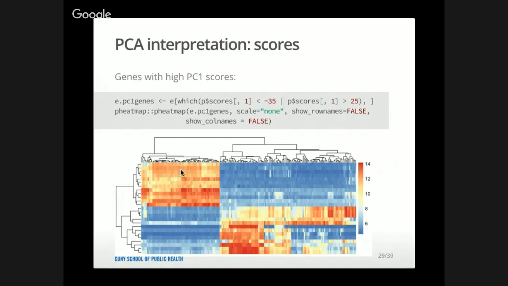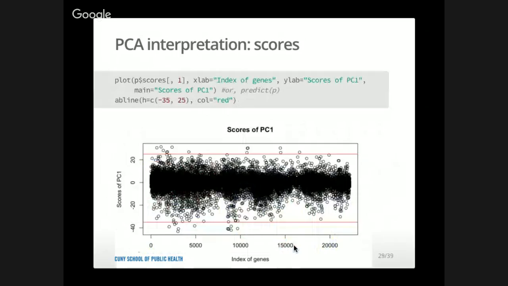Does anyone want to guess which is which? Which of these are the positive scores and which are the negative scores? We could figure it out, but I can make a pretty good guess here. I'll give you a hint. Notice that the values of the negative scores are quite a bit larger. They're -40, and they're only about scores of around 25 to 30 for the positive ones.